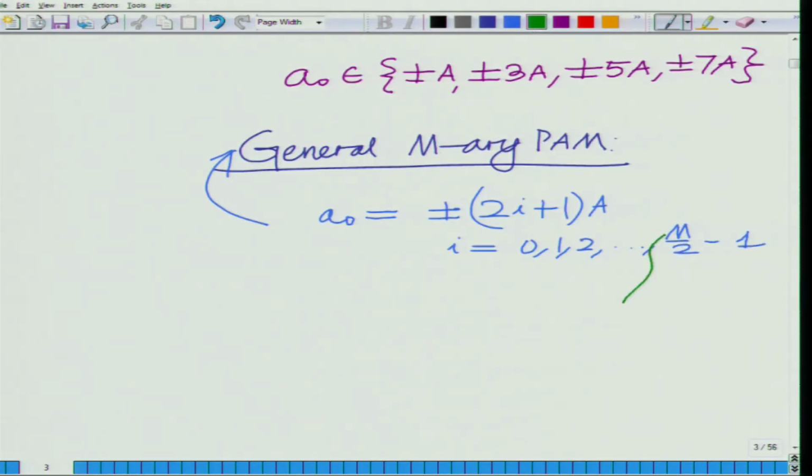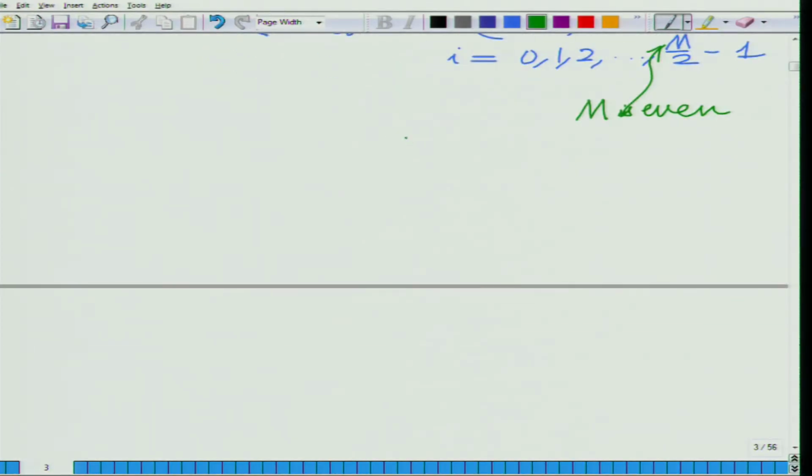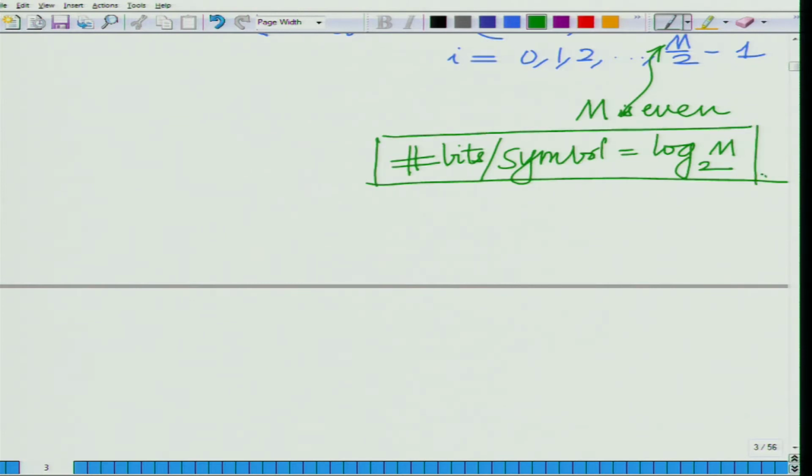Naturally, this is defined only for M even. And the number of bits per symbol is log M to the base 2.